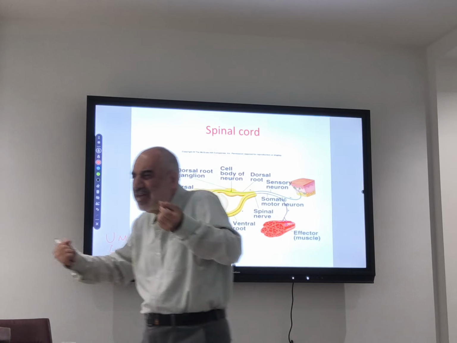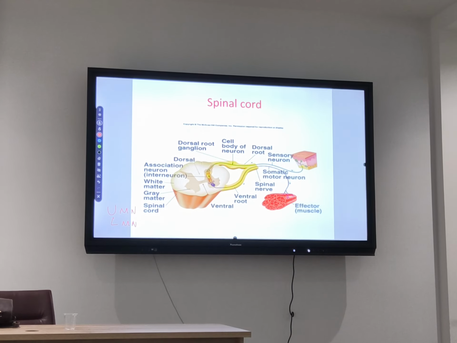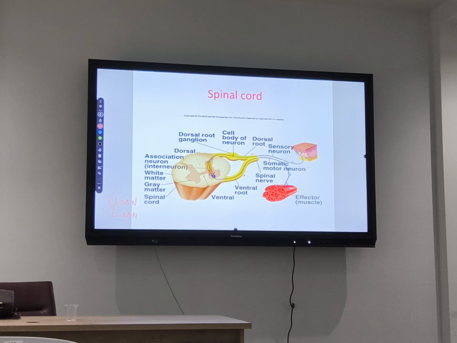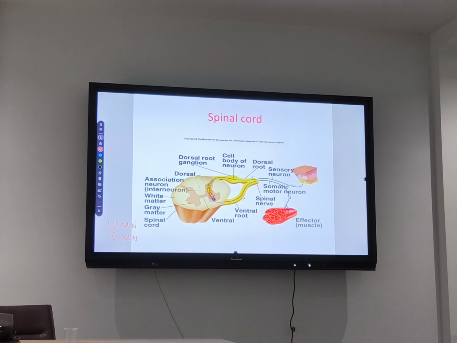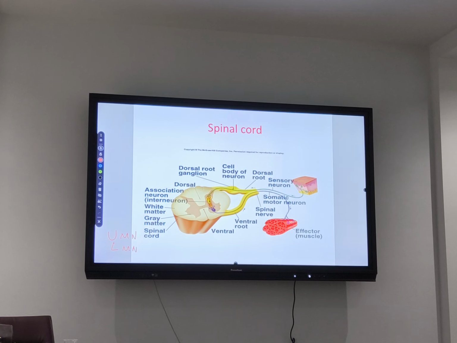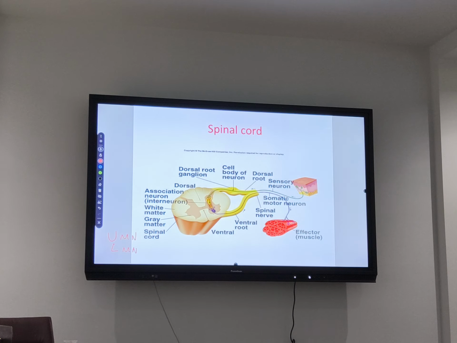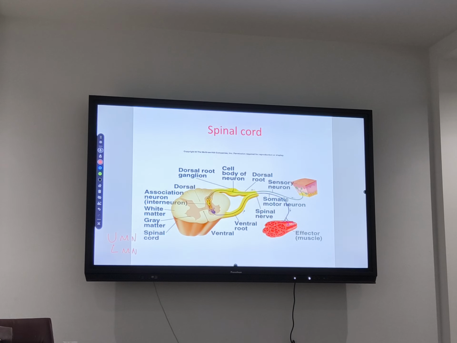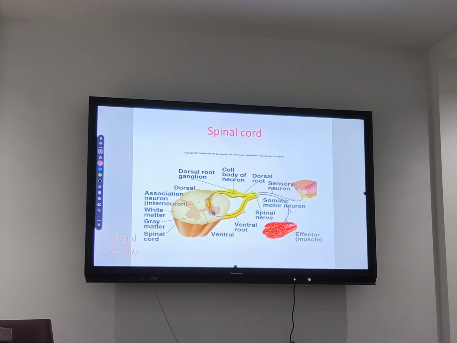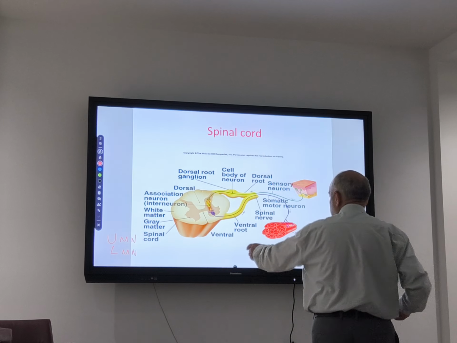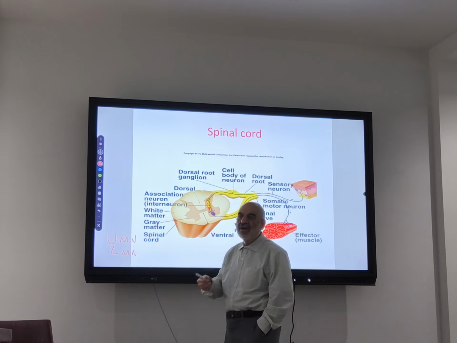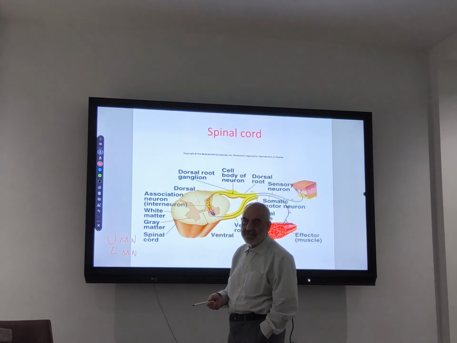Spasticity, you see, it's very stiff. Most of the time it is related to upper motor, such as spinal cord. But the peripheral motor neuron shows some weakness, some paralysis. This is lower. So, upper motor neuron, in this case we have spasticity. In this case we have neurogenic atrophy. Okay?